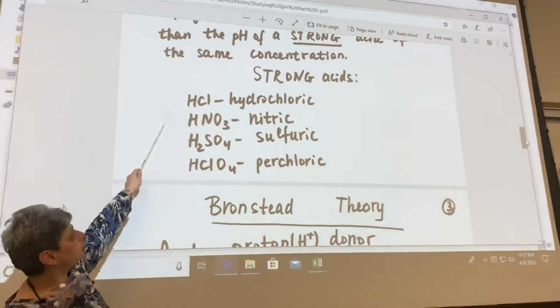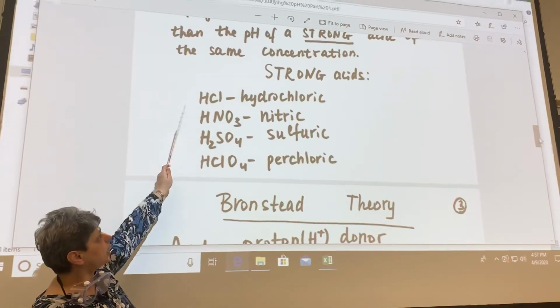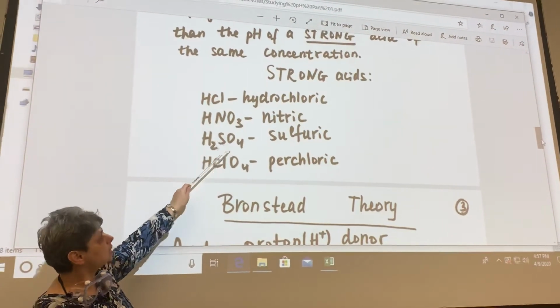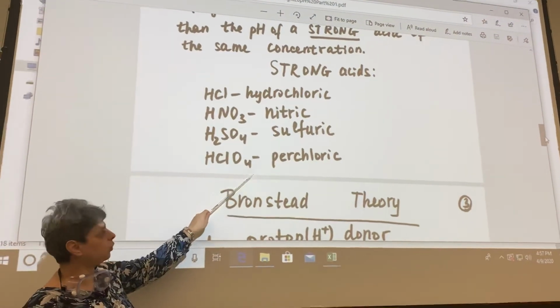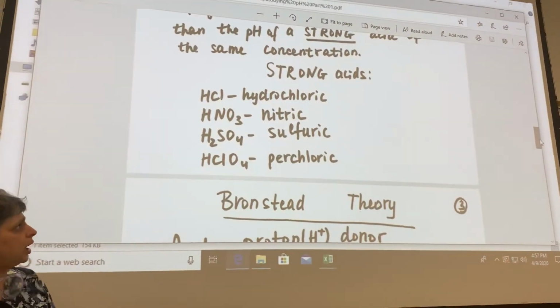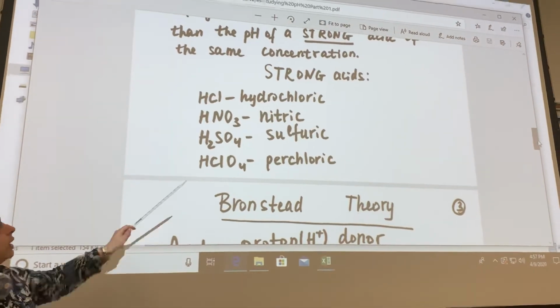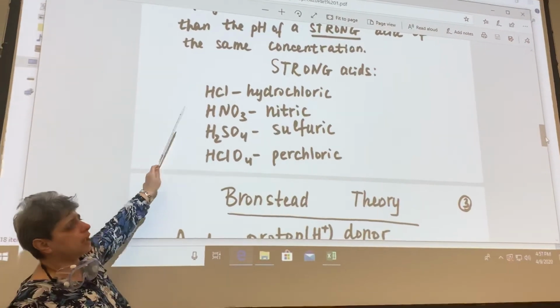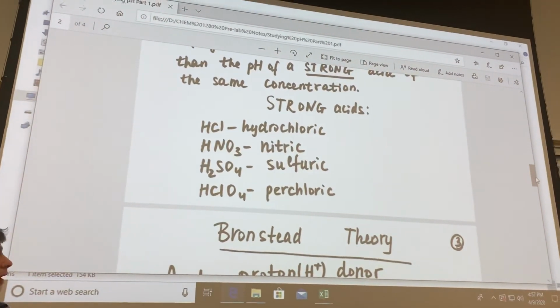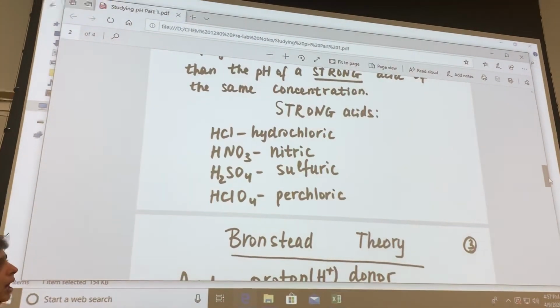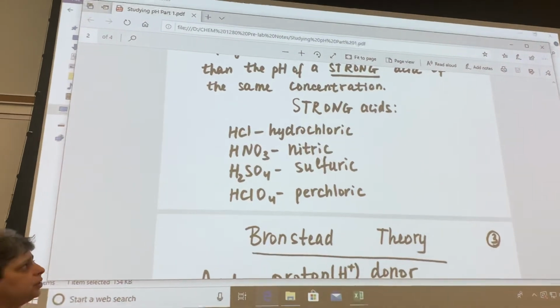They include hydrochloric acid, HCl, nitric acid, HNO3, sulfuric acid, H2SO4, and perchloric acid, HClO4. Sometimes also hydroiodic acid, HI, is included, but these are the 4 that I think you will probably see the most. All other acids that exist in nature are considered weak.